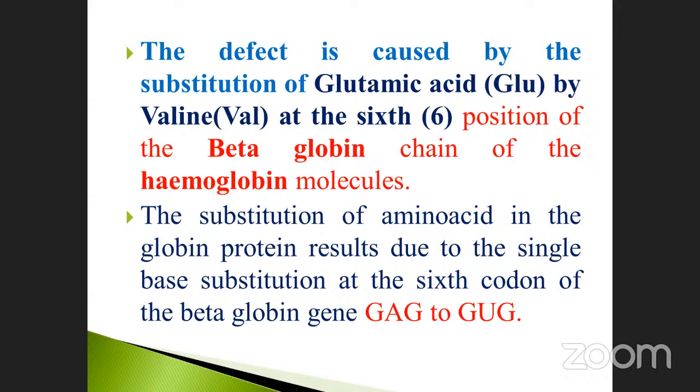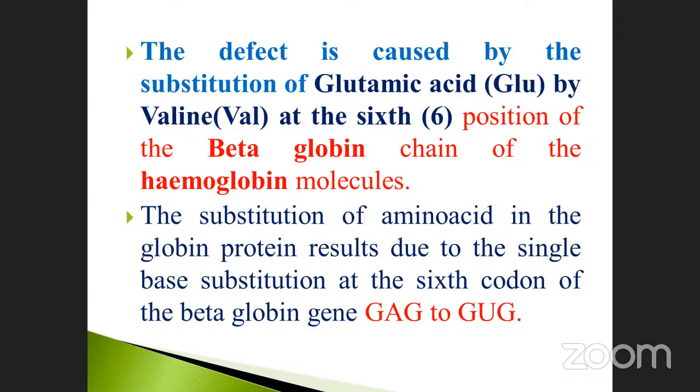Others also, please. You are trying the answers, but at the same time, be confident. The substitution of the amino acid in the globin protein results from a single base substitution at the 6th codon. Note it down, my dear students. Which codon is replaced? Sometimes they may ask the question.